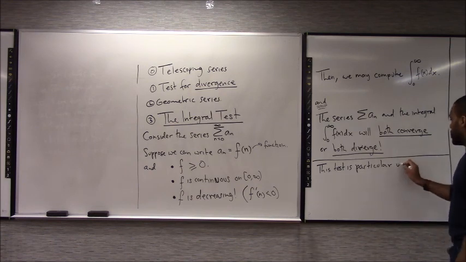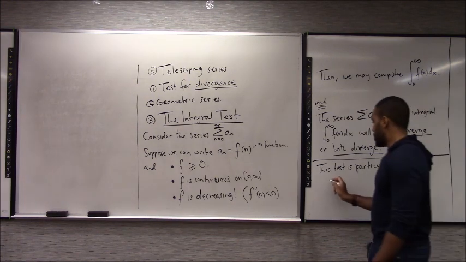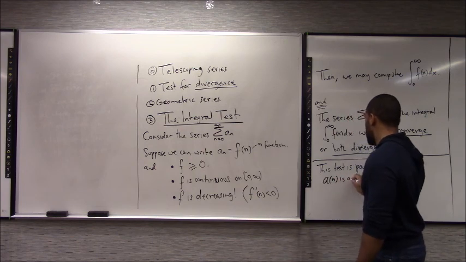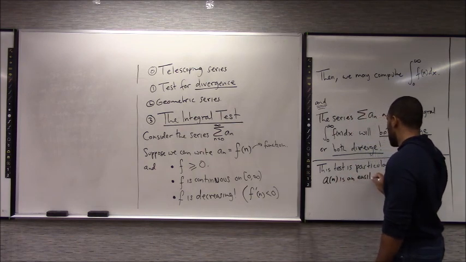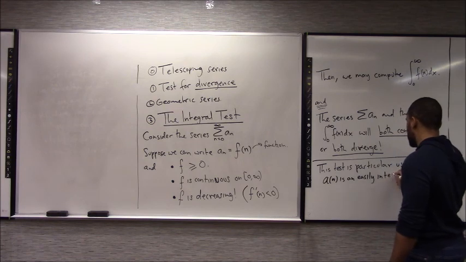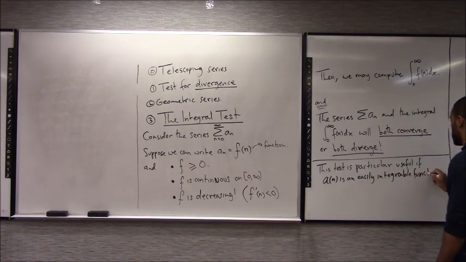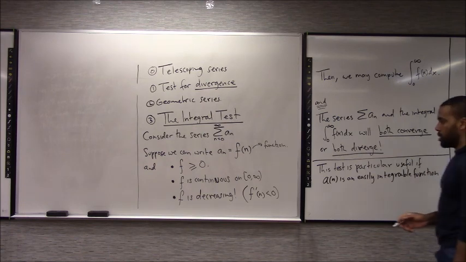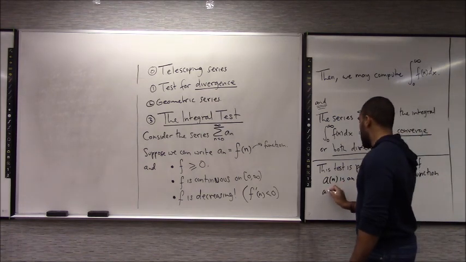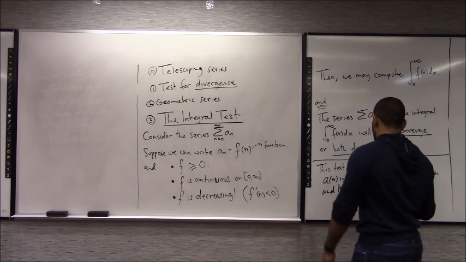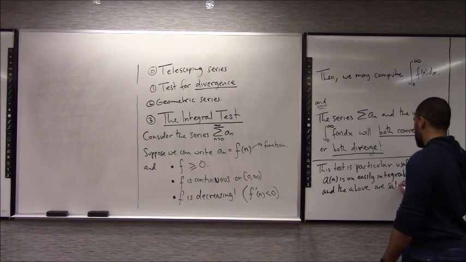This is particularly useful if your a_n is an easily integrable function. So you see something that's nice to integrate, try the integral test is what you're going to want to do, and the above are satisfied.